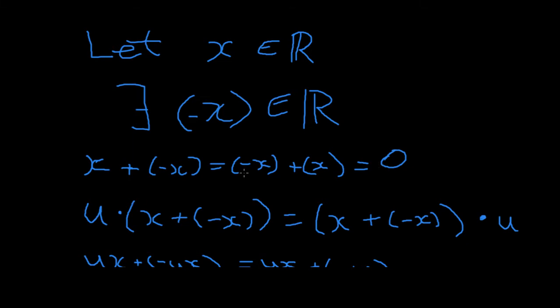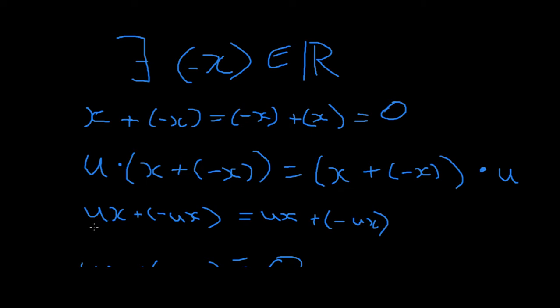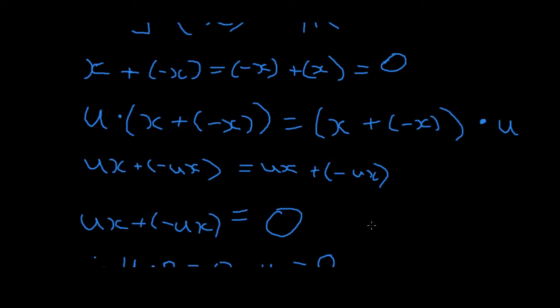So what we do is we substitute x plus negative x into the equation. We say u times (x plus negative x) is equal to (x plus negative x) times u. We then use the distributive law to say ux plus negative ux is equal to ux plus negative ux. For one side, we say that is equal to 0.